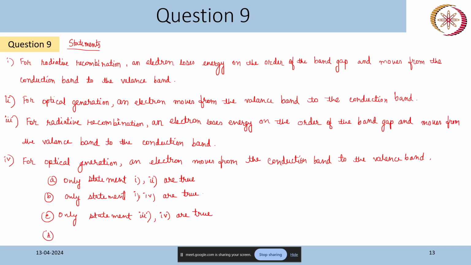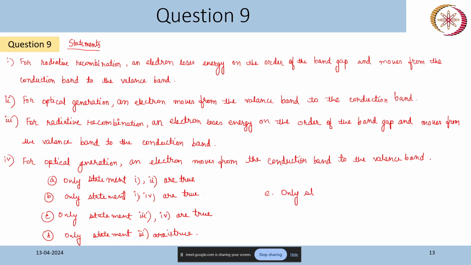Option D is only statement 3 is true. Option E is only statement 1 is true.